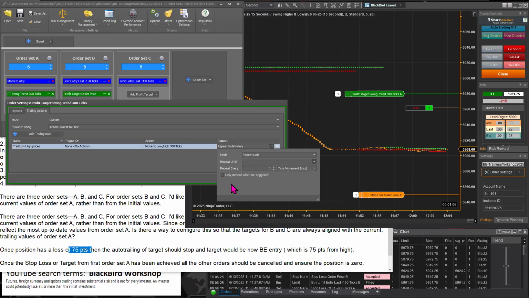And yeah, all right. And if you wanted to stop the trailing maybe a tick or two before this 75 points, just to give yourself a little margin of error, then we could set the repeat to every 2 ticks of movement.